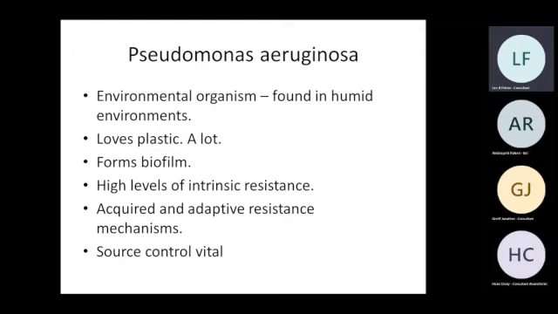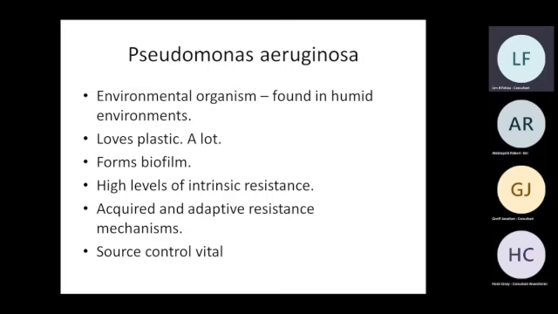That's why a lot of antibiotics don't work against Pseudomonas. It's also got the ability to upregulate its efflux pump, so it can pump antibiotics out actively. And it's also got lots of inactivating enzymes that it can upregulate production of, such as beta-lactamases.